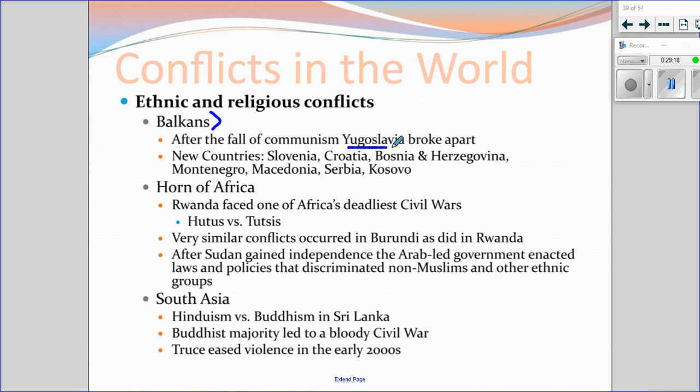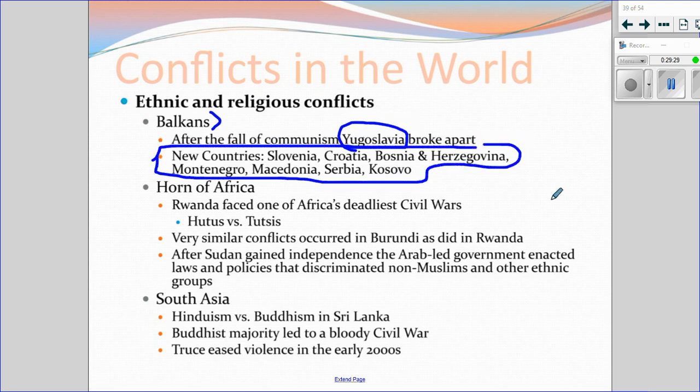So Yugoslavia tied all of these countries together under a leader named Marshal Tito, who ruled with a blood-soaked fist. So they didn't have a choice but to live under one rule. Once communism fell, Yugoslavia broke apart into Slovenia, Croatia, Bosnia and Herzegovina, Montenegro, Macedonia, Serbia, and Kosovo.